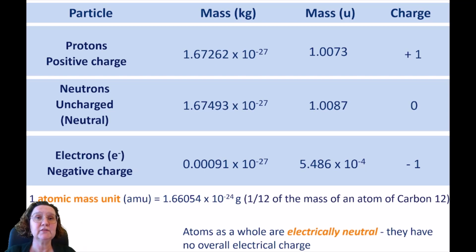And the masses that we have in the periodic table, if you have ever done any chemistry problems, you know the mass of hydrogen is 1, oxygen 16, and sodium 23. Those are those atomic mass units.